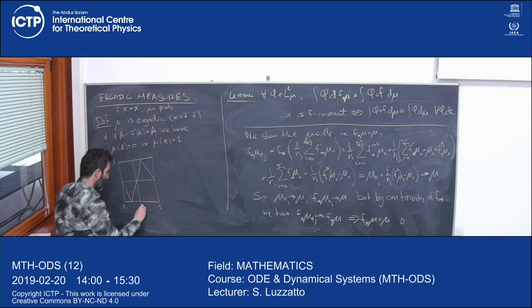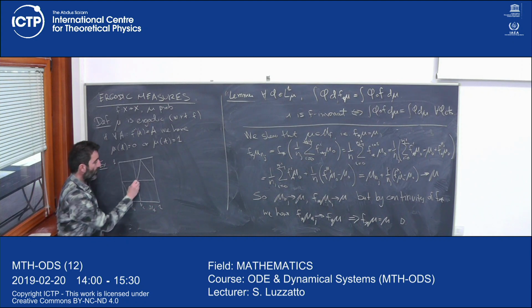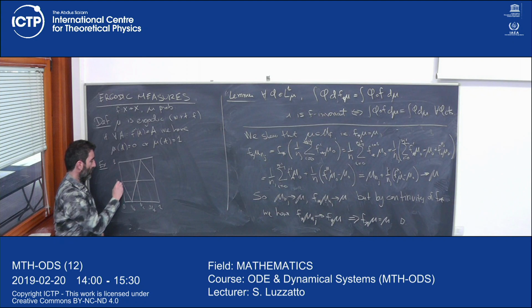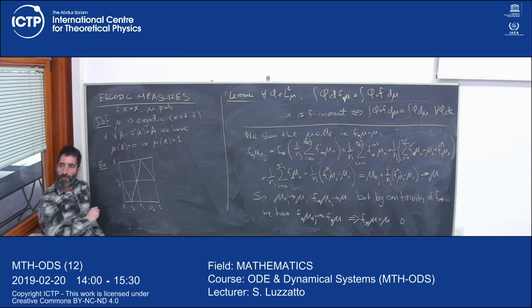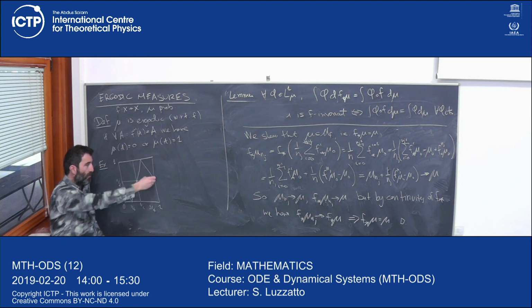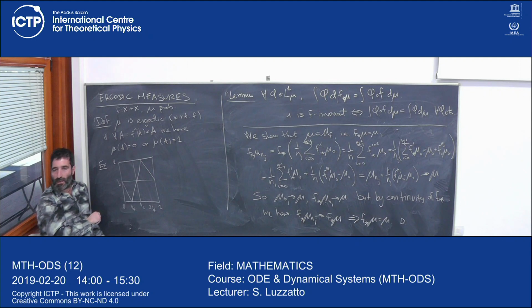This is 1/2, this is 1/4, this is 3/4. And these are piecewise affine maps. Okay? So, observation 1, Lebesgue measure is invariant.